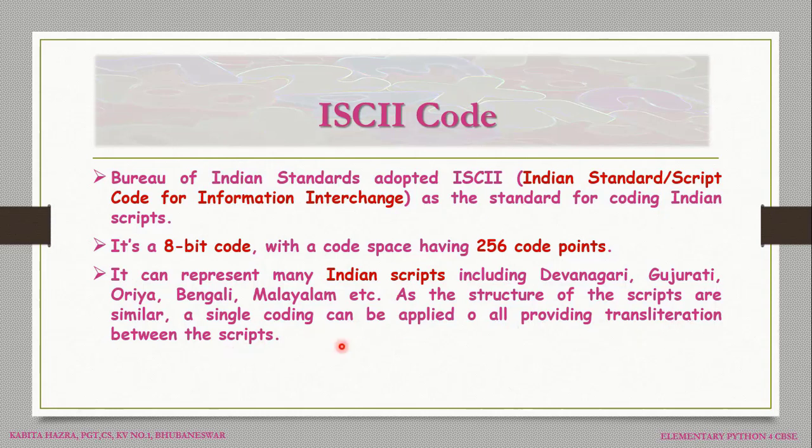That means the same coding can be used for alphabets of Oriya and Bengali. So it is an 8-bit code. That means each character is represented as 8 bits having a total of 256 code points.